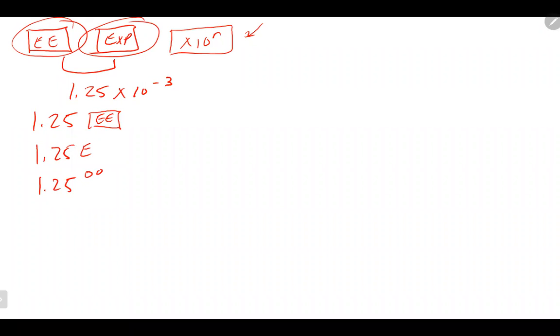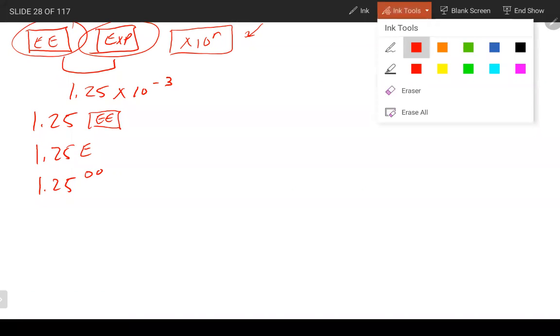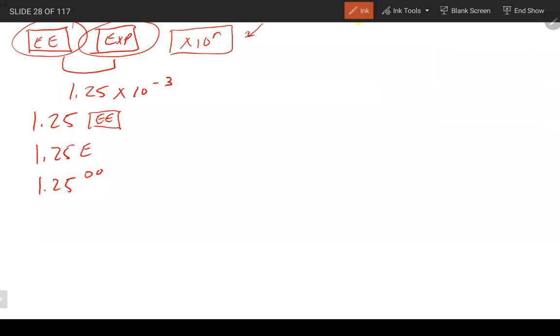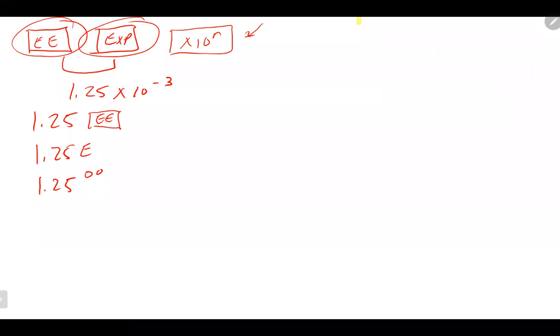When you hit this button, that represents this part of the number, which means you do not need to hit the multiplication button. You do not need to do anything other than just hit that button.